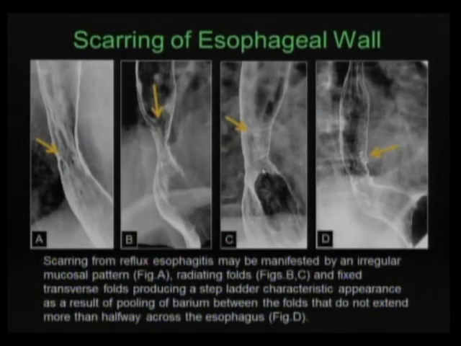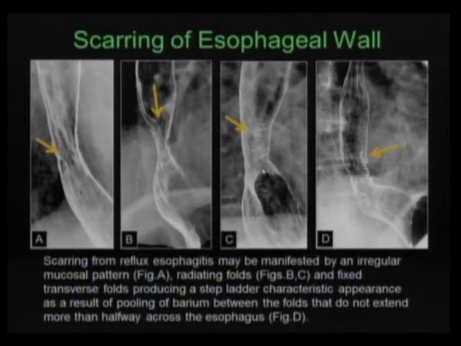Okay. So at some moment, with increased severity of the reflux, we start to see scarring of the lumen of the distal esophagus. So how can we see that? Well, first of all, we can see an irregular mucosal pattern in the distal esophagus, usually associated with hiatal hernia. We can see, like in this case, a deposit of contrast with radiating or concentric folds. You can see here the concentric folds going to one point.